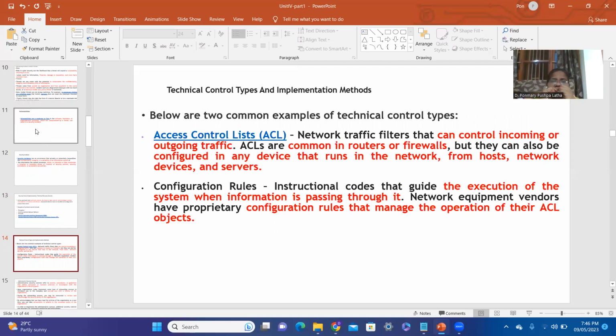ACLs are common in routers or firewalls, because we are going to control the incoming and outgoing traffic. Then the configuration rules: to manage the operation of the ACL, you can give configuration rules.